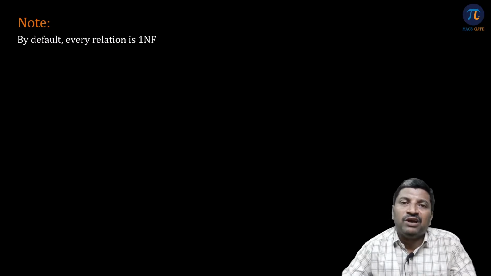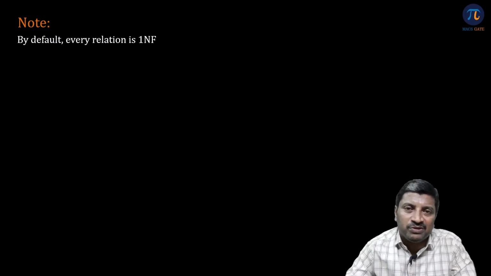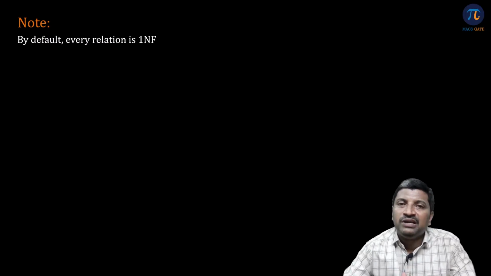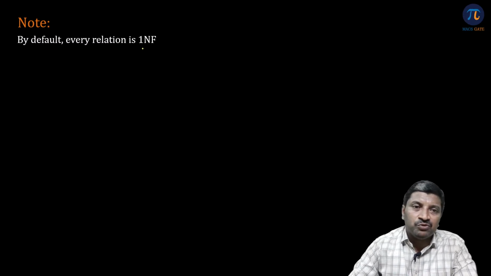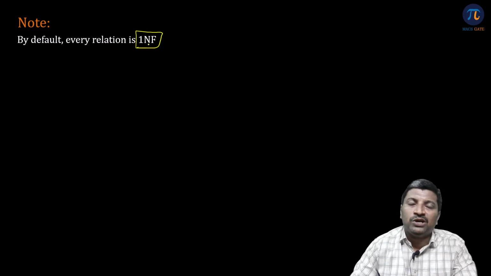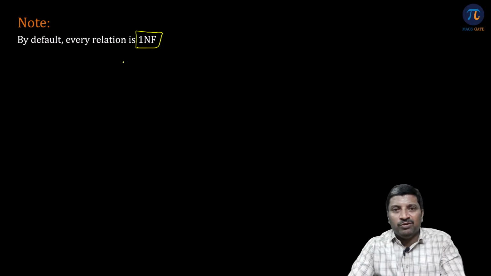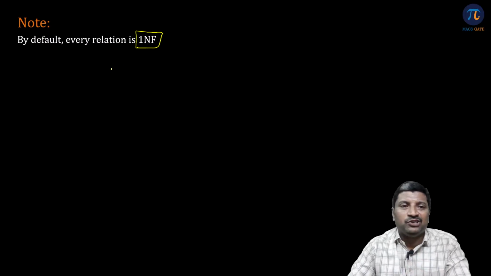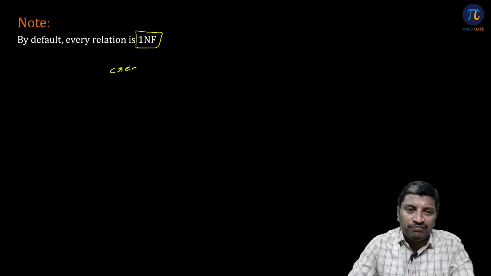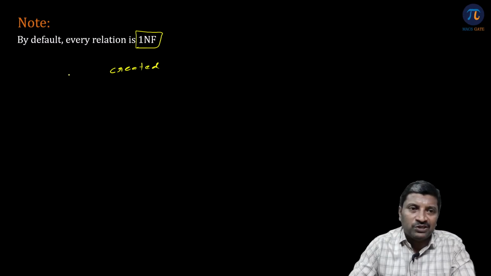When we create a table in DBMS, by default it will be in first normal form, because if you don't follow the rules of first normal form, it does not allow us to create the table. So that means when you create a table, it is already in first normal form.